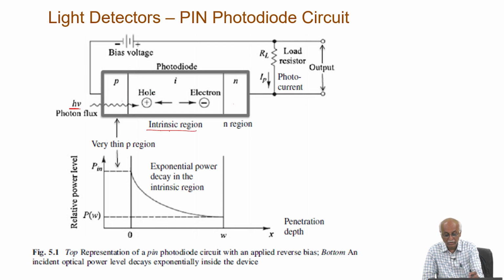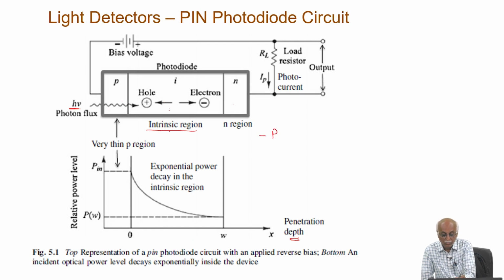However, if you consider the absorption by this material, then the decay will also play a role. So, the penetration depth of the photon through this intrinsic material also influences. So, there are two aspects.